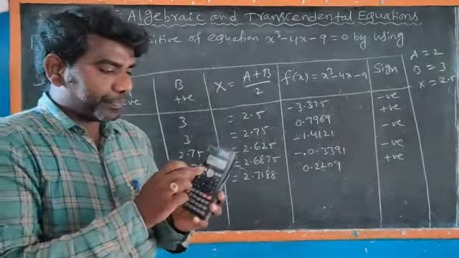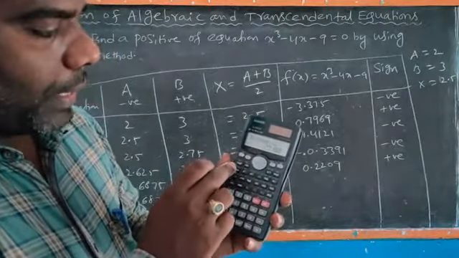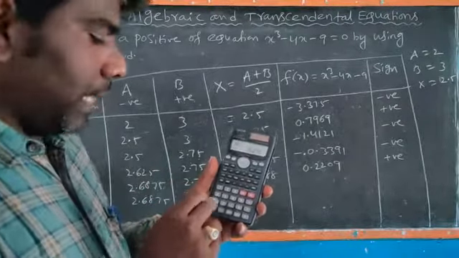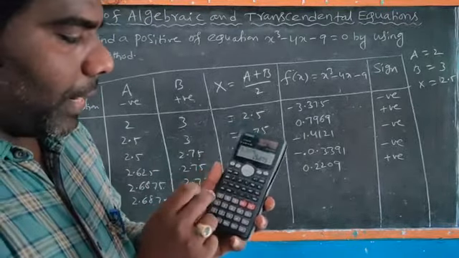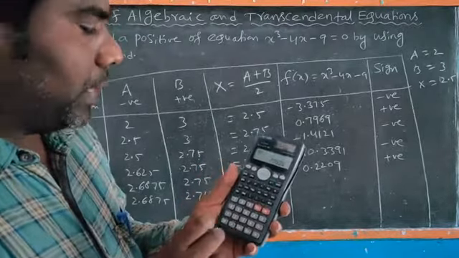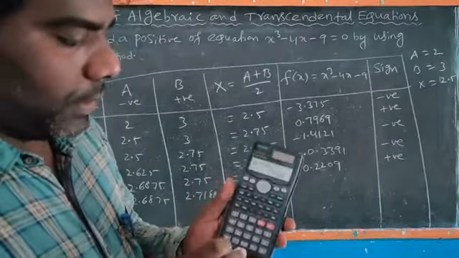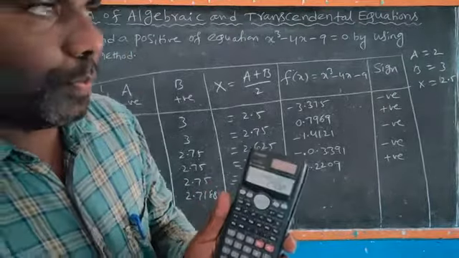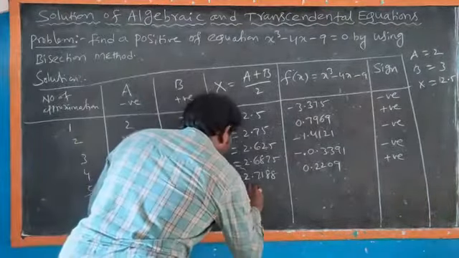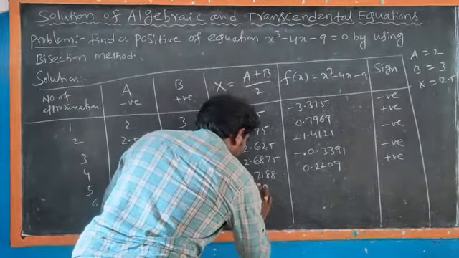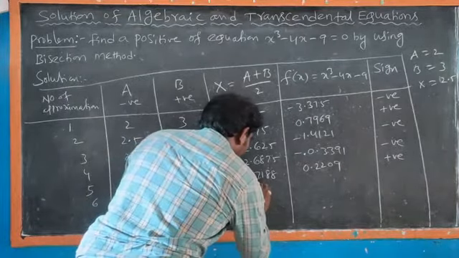Okay, now go back, we get the formula. Calculate what is a: 2.6875. What is b: 2.7188. That equals 2.7032.